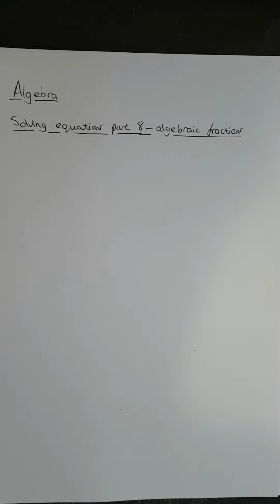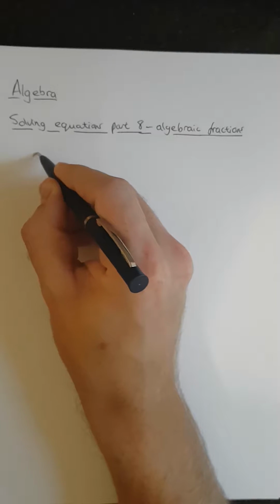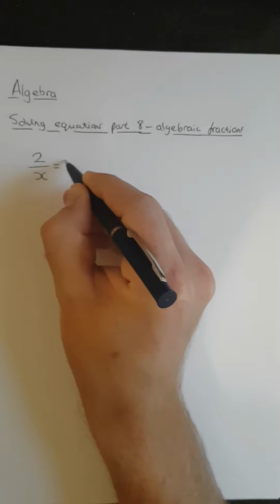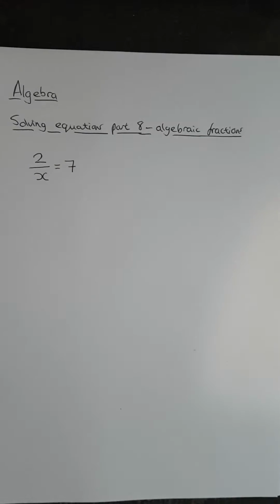It's time to look at solving algebraic equations where there are fractions in them. Now, the fact that x is on the denominator of the fraction is a real pain.